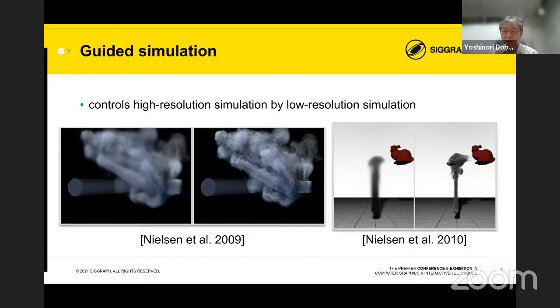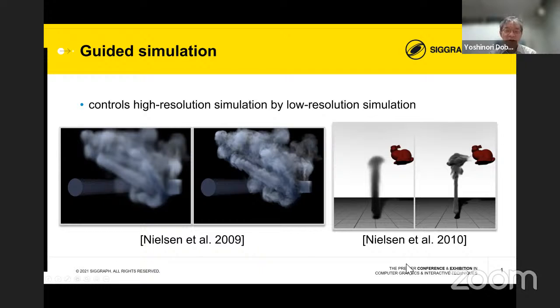Anyway, in the guided simulation framework, the user first prepares a low resolution velocity field using a low resolution simulation. Since the low resolution simulation can be run in real time, the user can design the flow interactively using the low resolution simulator.